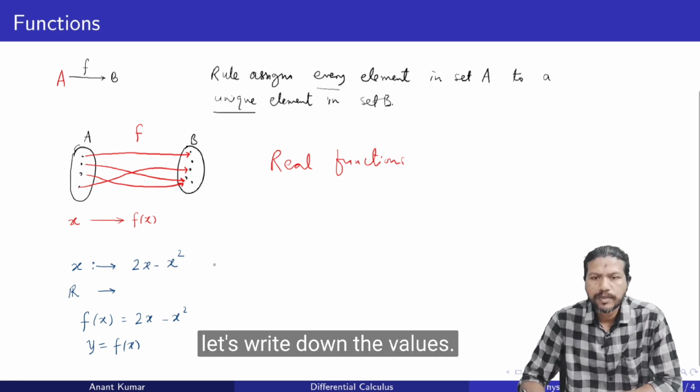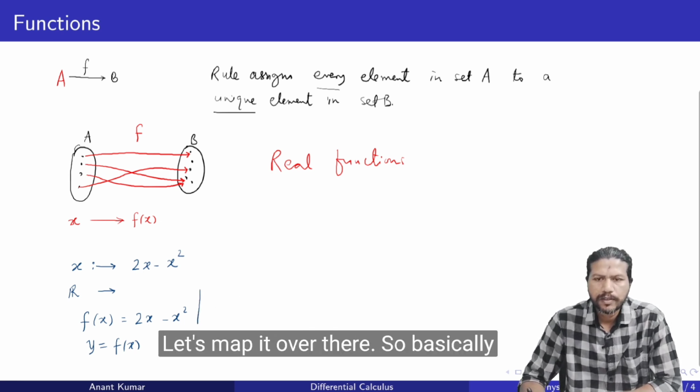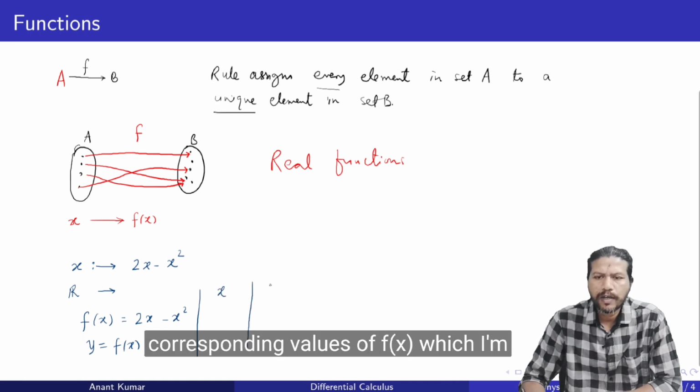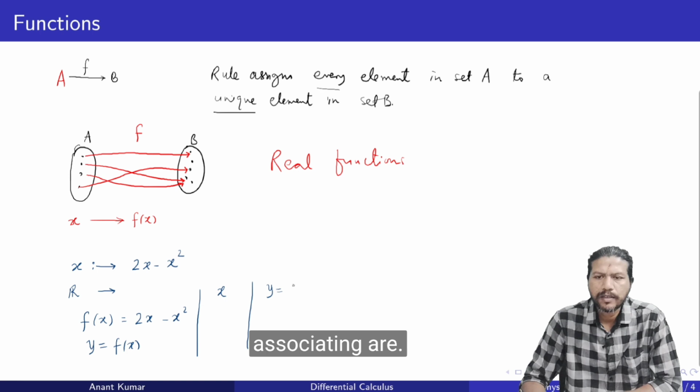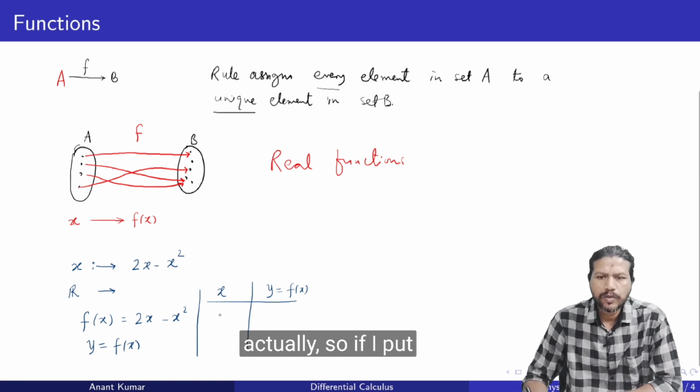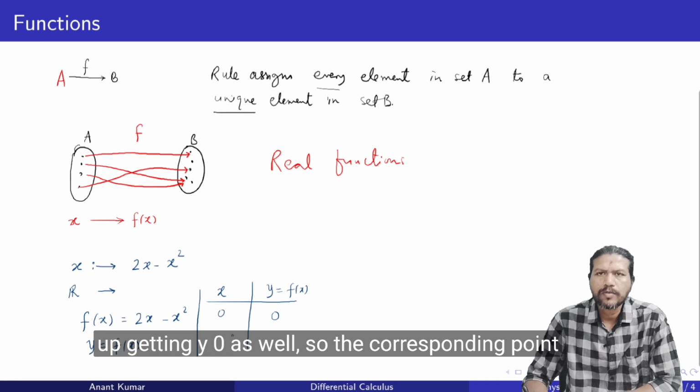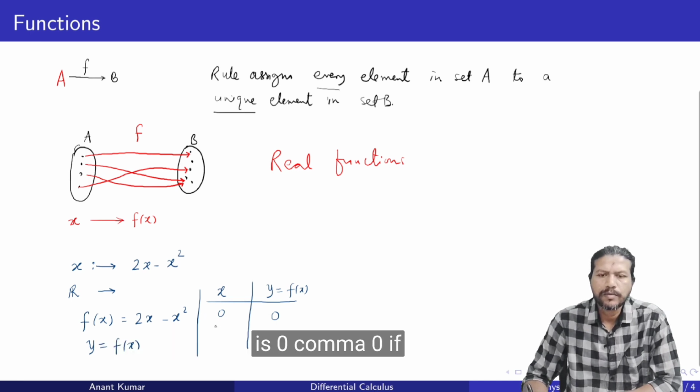let's write down the values. Let's map it over there. So basically we have the values of x and the corresponding values of f(x), which I'm assigning to y as a y coordinate actually. So if I put x equal to 0, I end up getting y equal to 0 as well. So the corresponding point is (0, 0).